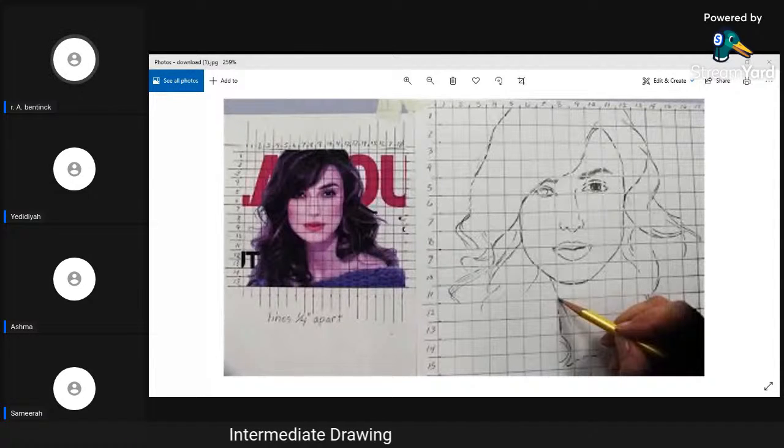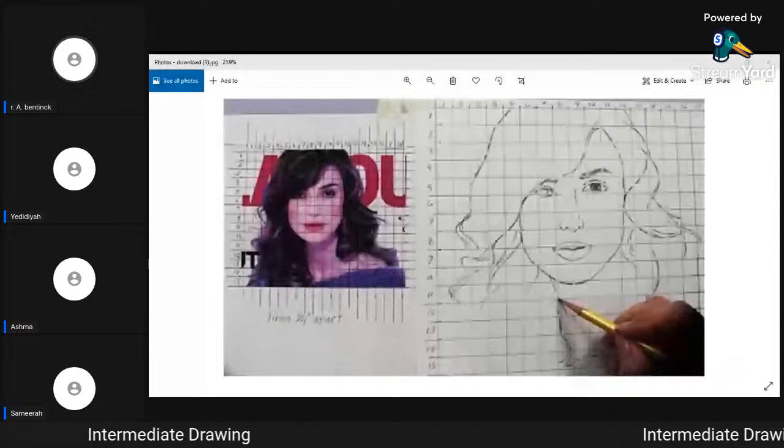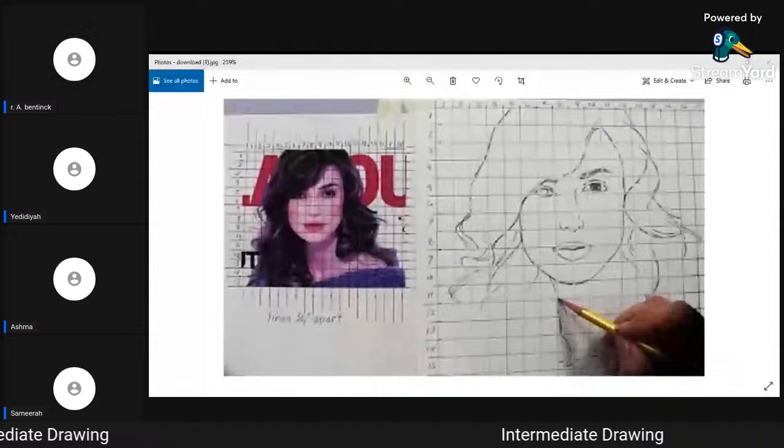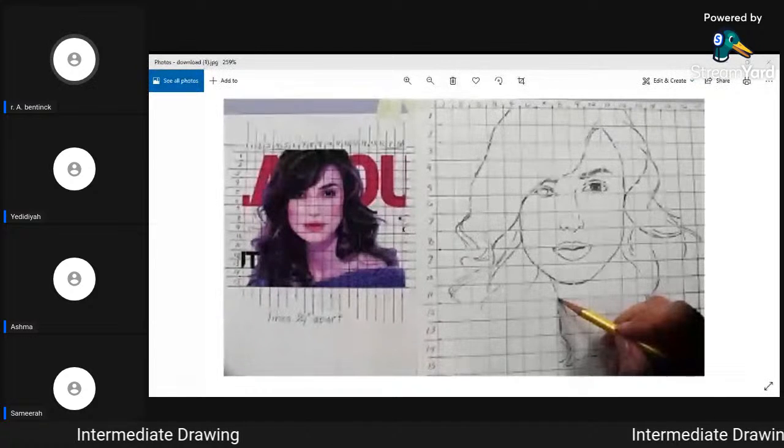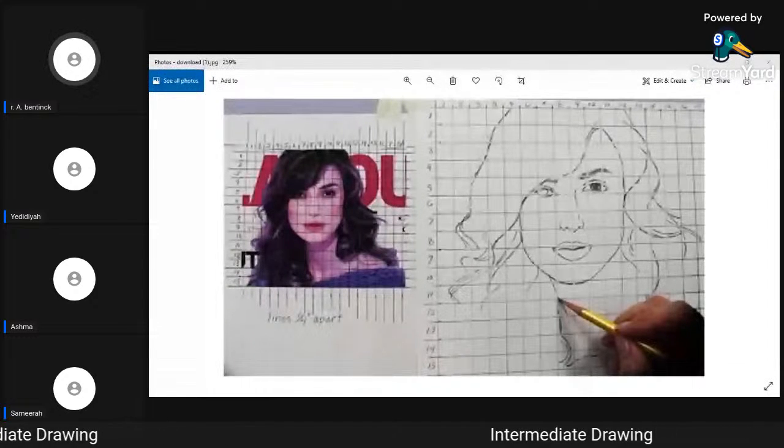In that instance, you must be able to rely on your ability to use sighting and comparative measurement. Because even though you're using tracing and the grid format, you still have to look carefully, because persons do grid and draw wrong.